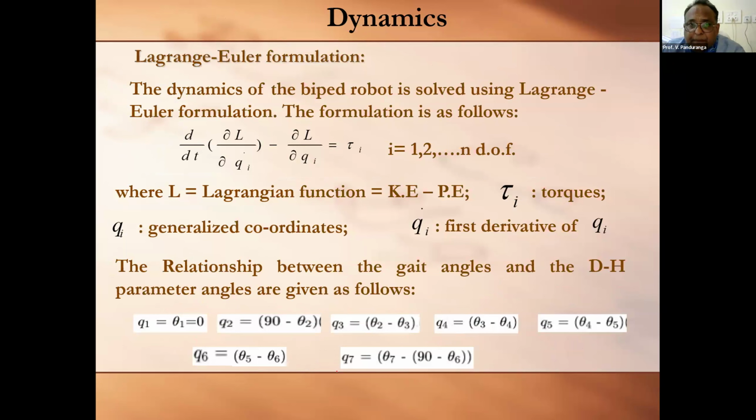Then we derived the dynamics using the Lagrange-Euler formulation. Here we try to determine the torque required at various joints to establish the desired motion by following the Lagrange-Euler formula, where the Lagrangian is the difference of kinetic energy and potential energy of the entire system.